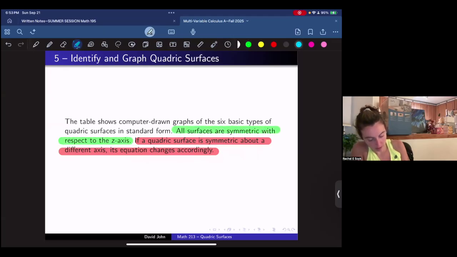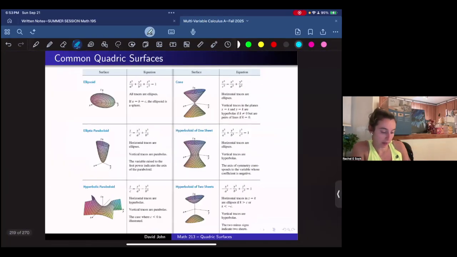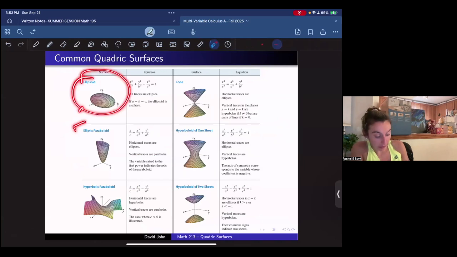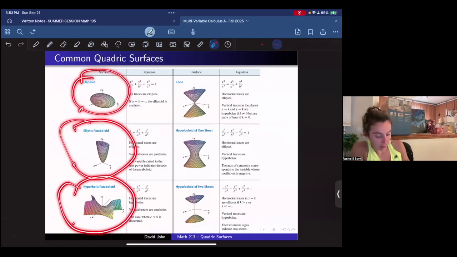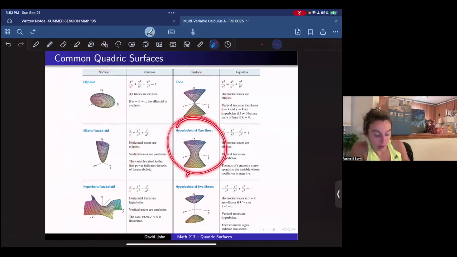And again, the 6 basic types of quadric surfaces in standard form, which is what we have here: our ellipsoid, our elliptic paraboloid, our hyperbolic paraboloid, our cone, our hyperboloid of 1 sheet, and then our hyperboloid of 2 sheets.